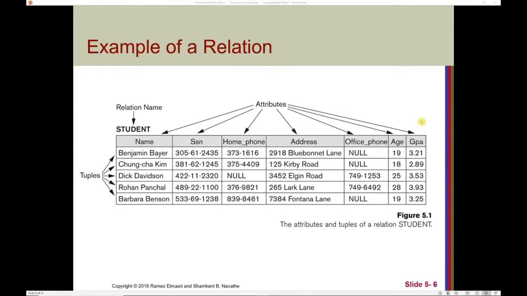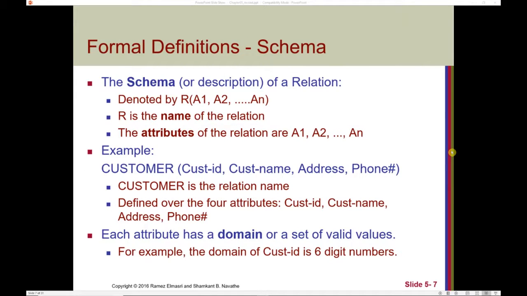Here's an example of a relation. You have the relation name, or the entity name, the different attributes which are assigned as columns or field headers, and then you have different tuples. You've already seen tuples as records, but you can also think of a tuple as a collection of values that gets assigned to each field. Let's take a look at the formal definition of a schema.